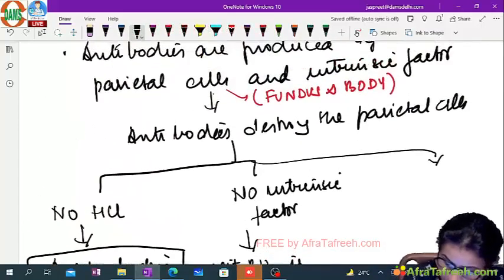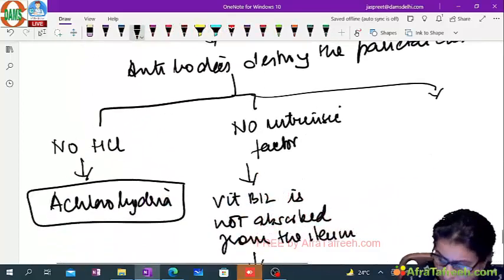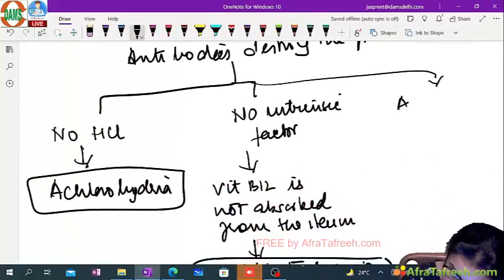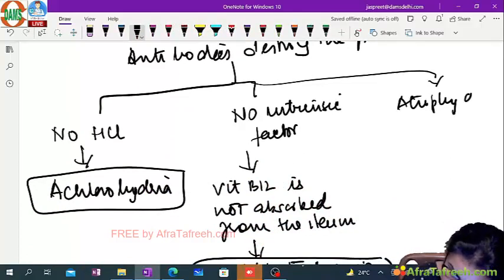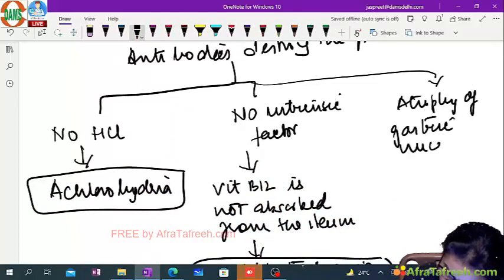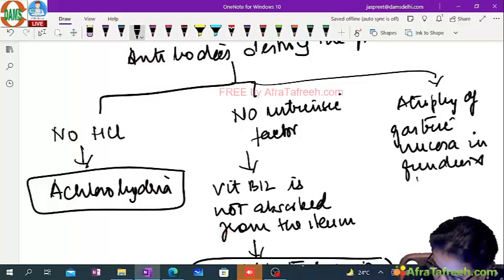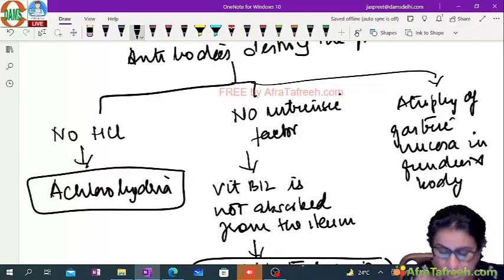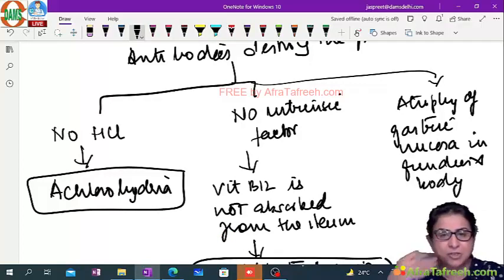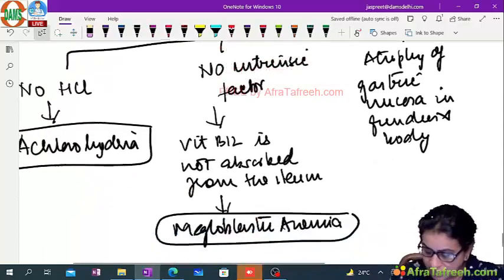And third, the antibodies are against the parietal cells located in the fundus and body. So this causes atrophy of the gastric mucosa in the fundus and body. In the fundus and body the parietal cells are getting destroyed, so there is atrophy of the gastric mucosa.